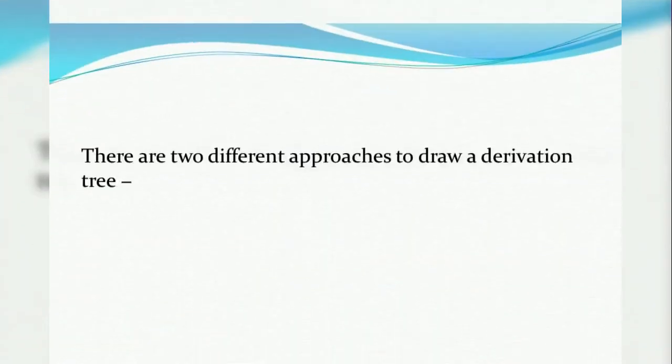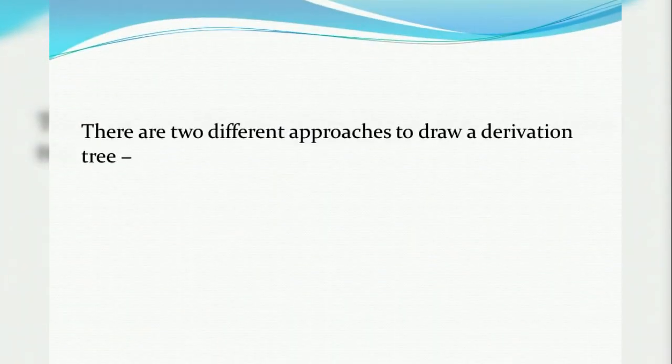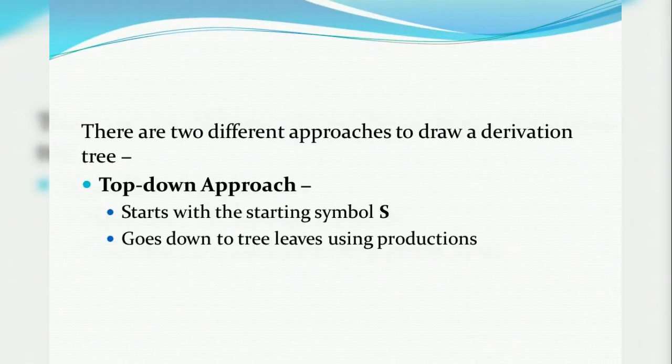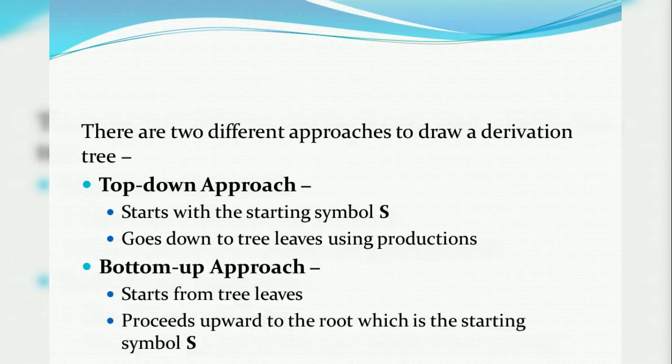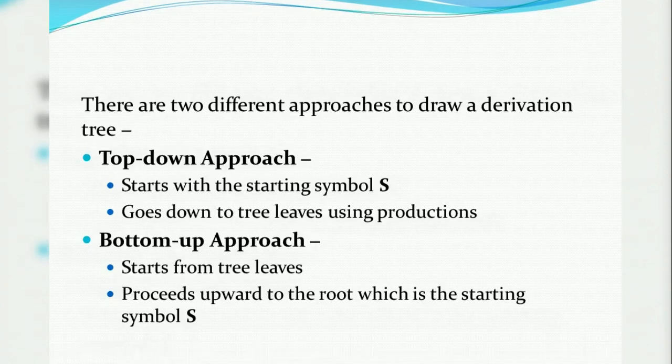There are two different approaches to draw a derivation tree. The first one is the top-down approach. It starts with the starting symbol S and goes down to the tree leaves using productions. The second one is the bottom-up approach. It starts from the tree leaves and proceeds upward to the root, which is the starting symbol S.